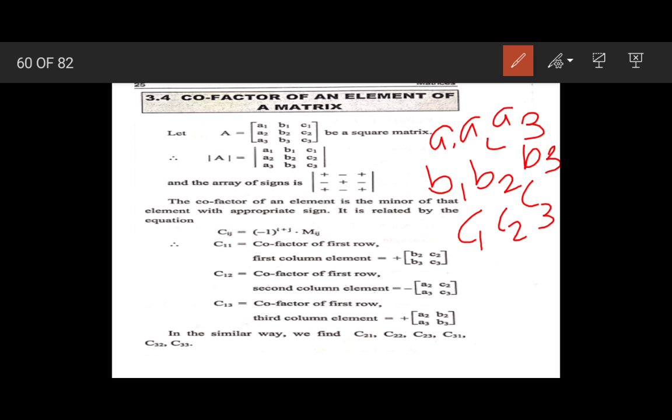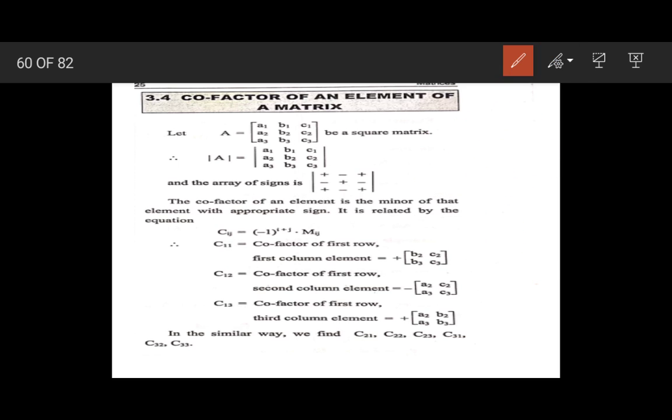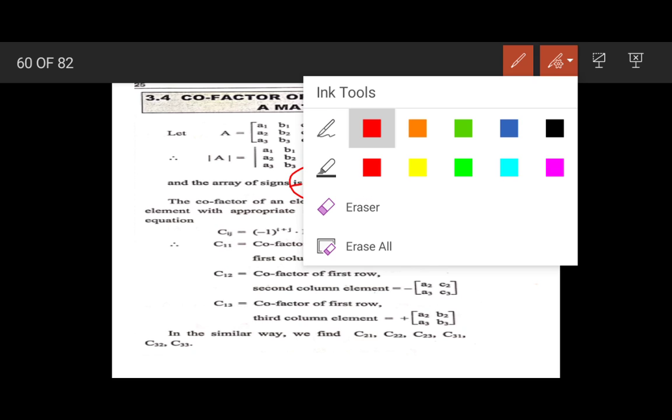You have to find the cofactors of all the elements of matrix A. And before finding the cofactors, just write down the signs for the cofactors: alternate sign, starting with plus, then minus, then plus, then again minus, plus, minus, plus, minus, plus.